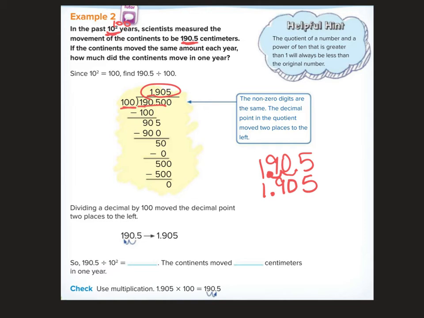That got smaller. So we could just do that. We look at the 2, move it back, boop, boop, 1 and 905 thousandths. The continents moved 1 and 905 thousandths centimeters in 1 year. Check using multiplication. If I multiply by 100, it's just boop, boop, back to 190 and 5/10.